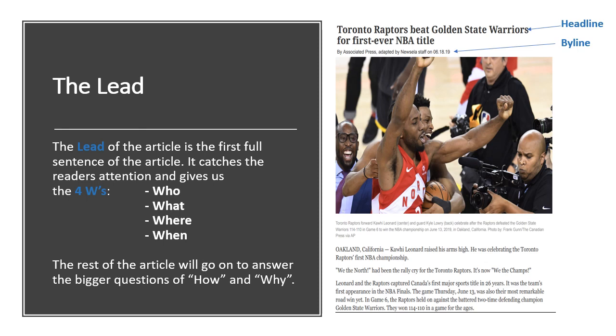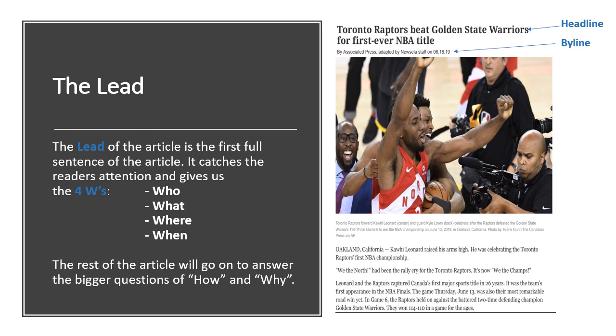So looking again, what is the first sentence of the actual article that we see here? I know that in some ways it looks like that bit that says Toronto Raptors, forward, Kawhi Leonard, center, and it goes on. That's actually a description of the picture above with Kawhi Leonard and Kyle Lowry.